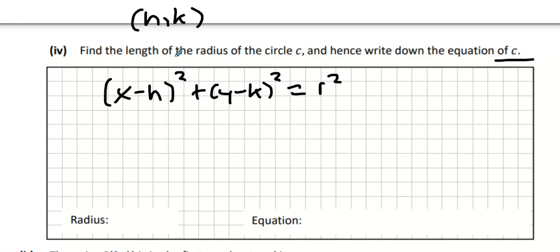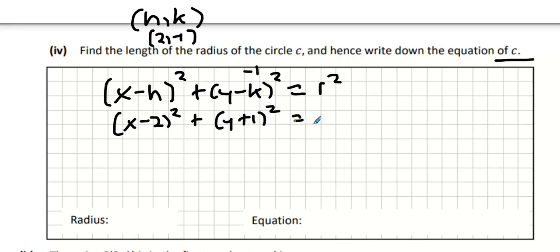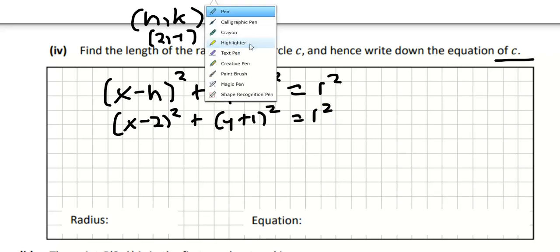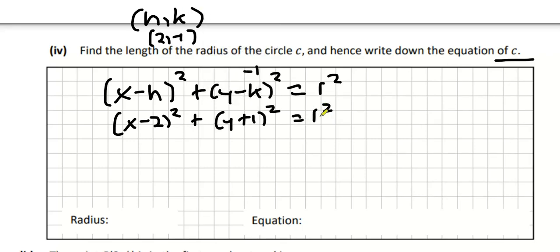So we can get a few marks simply by doing x minus 2 squared plus y minus 1, well, make it plus 1, squared. And the only thing we don't know currently is the radius squared. Okay, so we've already got a few marks there, but now we need to find the radius.